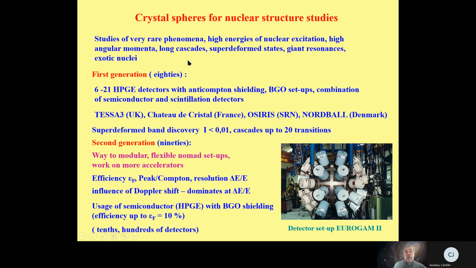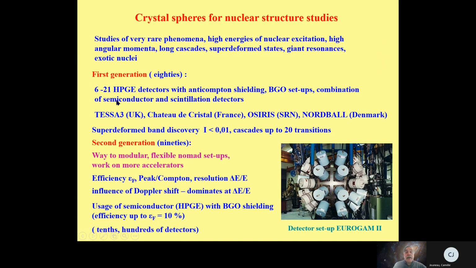They started in the 80s, when the electronics and also these detectors started to be cheap, and it was possible for laboratories to have many of such detectors. In the 80s, as I said, they produced the first generation of such systems.